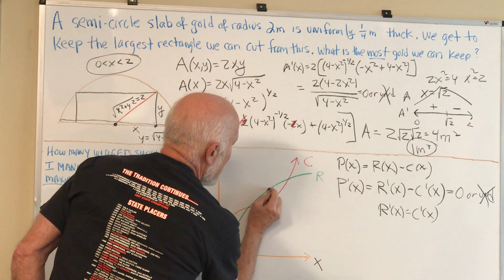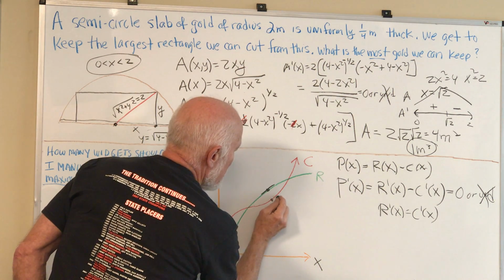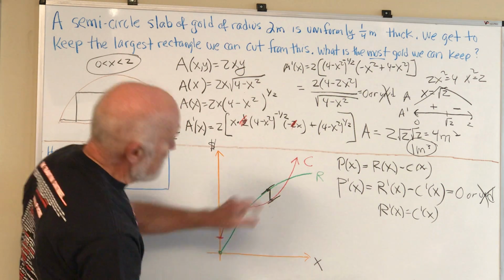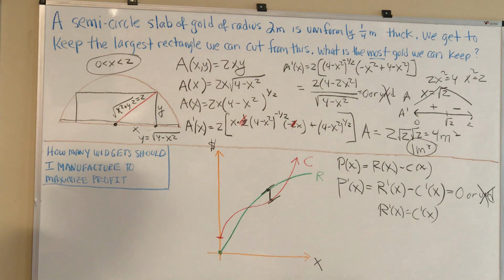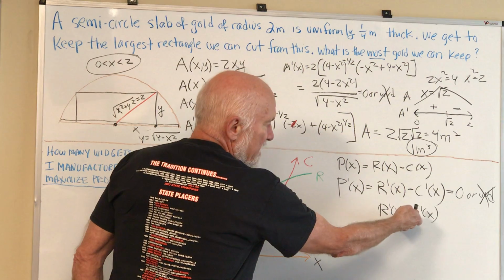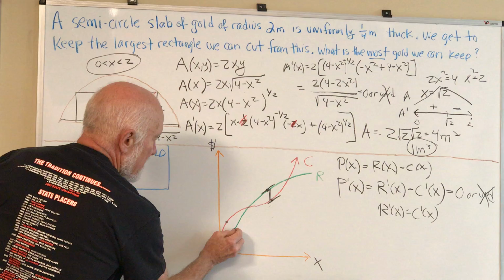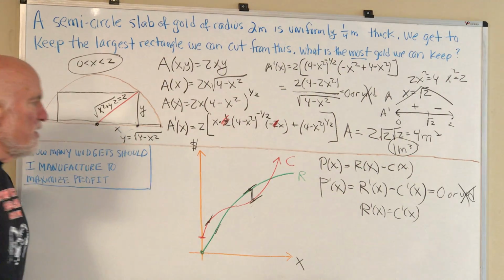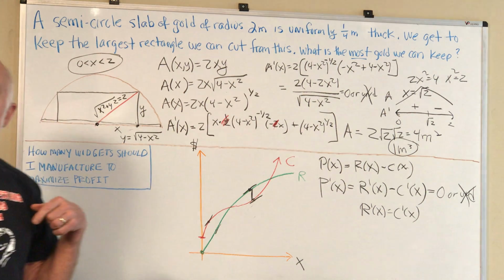But right here, where the marginal revenue equals the marginal cost, that's where you make the most money, where your revenue is so much more than your cost. Of course, we didn't prove max or min, but you can also see that you get your minimum profit when the marginal revenue equals the marginal cost.